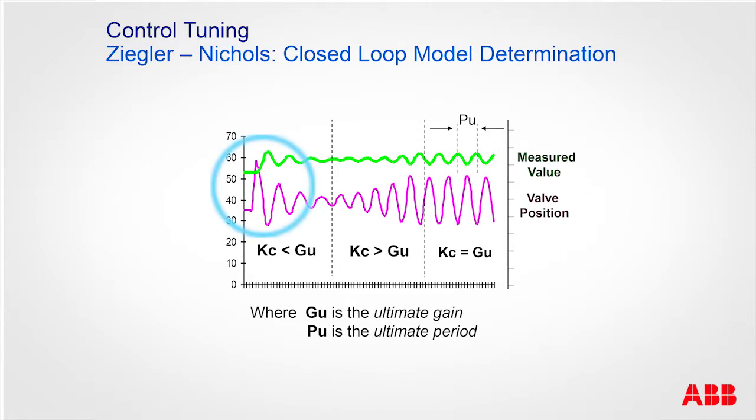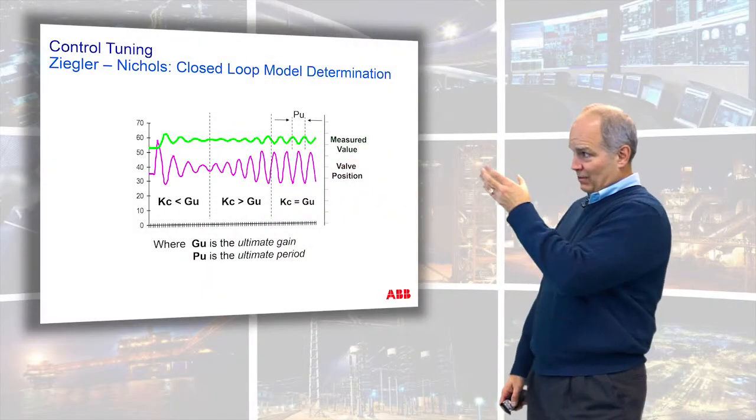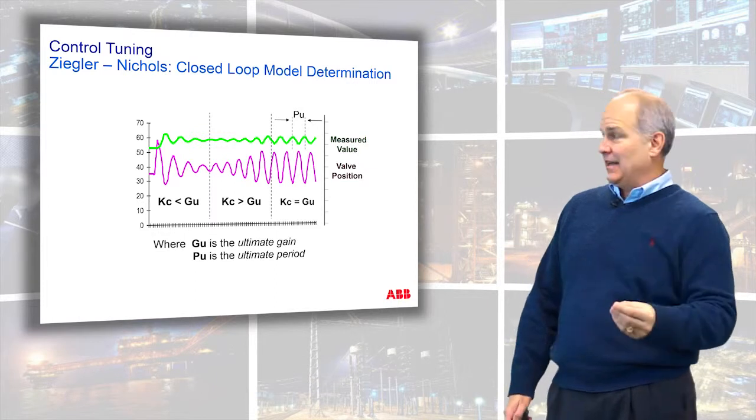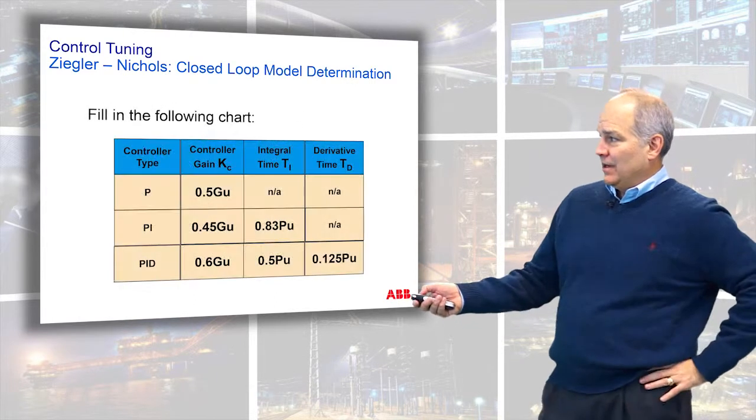If it's starting to attenuate, I know that I don't have the ultimate gain. Then I increase the gain and say, oops, this is going unstable. So then I know I've got the gain somewhere between there, and I can figure out how to make a sustained oscillation. Once you have the gain that produces a sustained oscillation, then you plug in your ultimate gain.